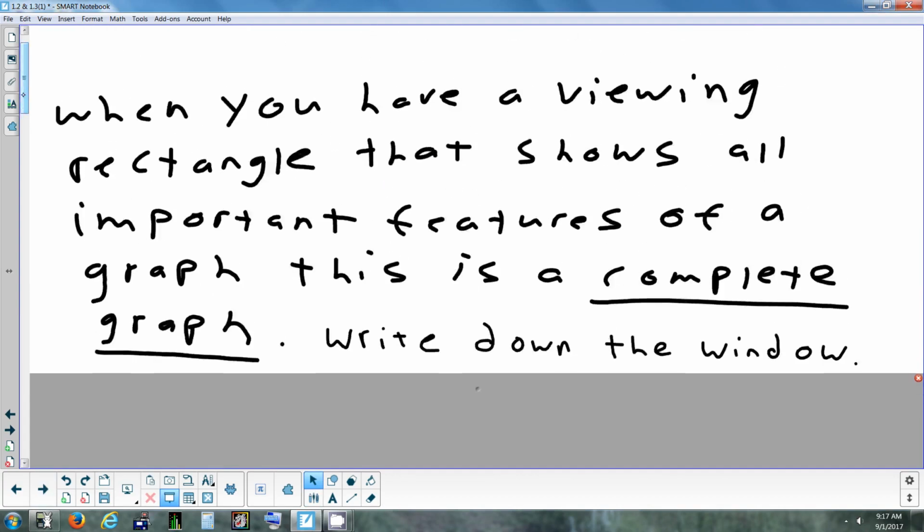Okay. Another direction you're going to see in the book a lot, it's going to say find a complete graph or find a complete viewing rectangle. What complete means is you find a window that shows everything that's important about the graph.